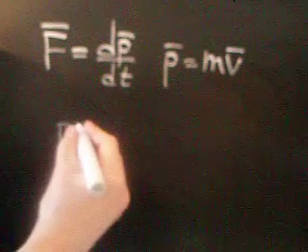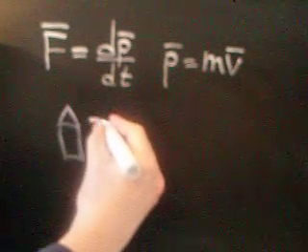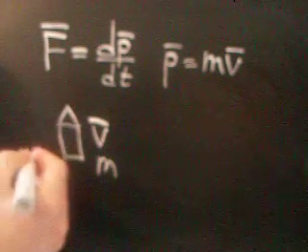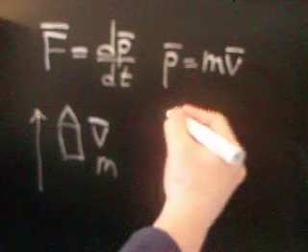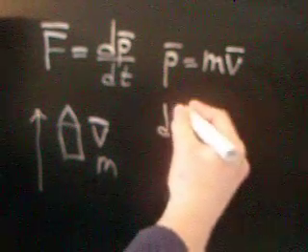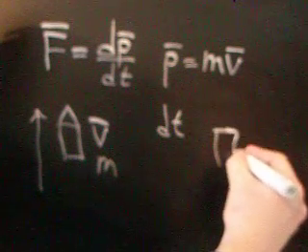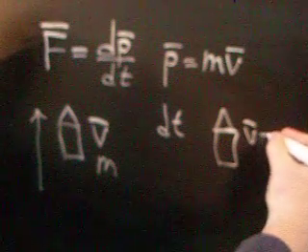Here we have a rocket going upwards with a velocity of v relative to the Earth and with a mass of m. We choose positive direction to be upwards from the Earth. After a small time step dt, this rocket has accelerated to a new velocity of v plus dv.